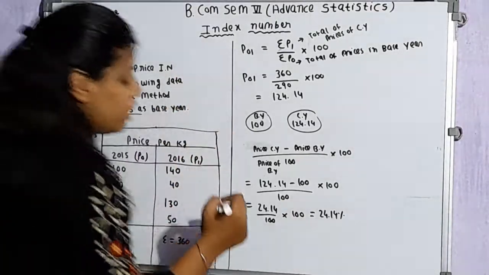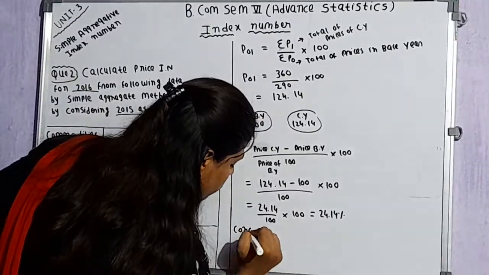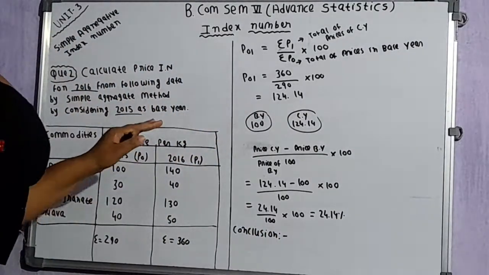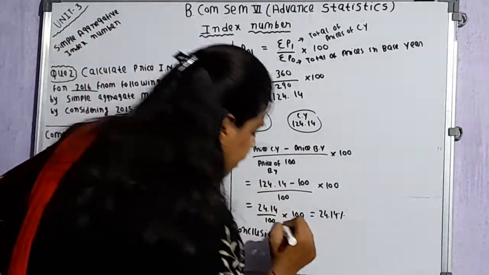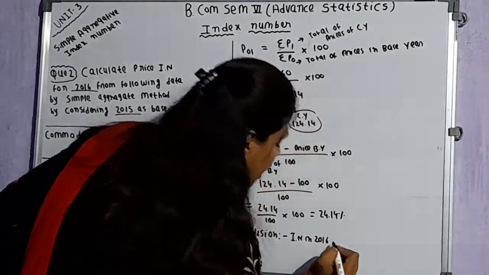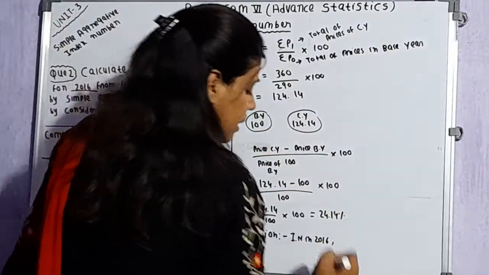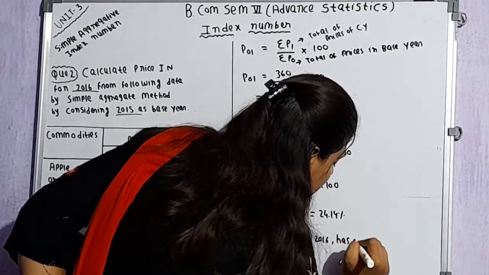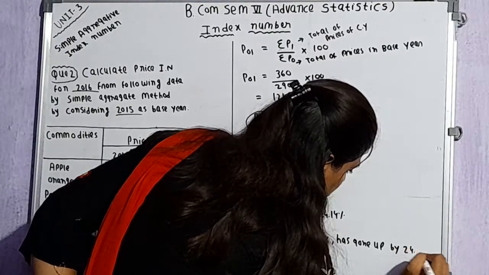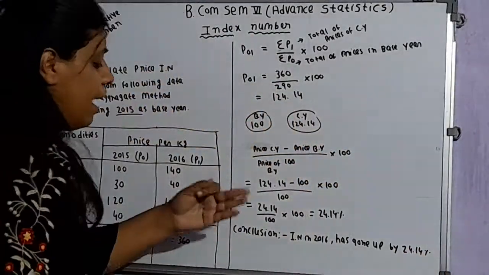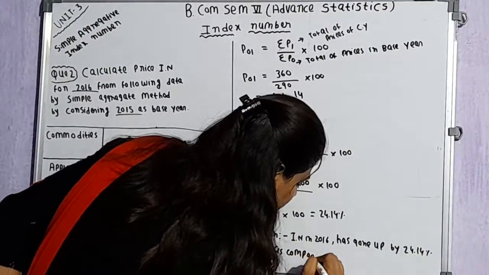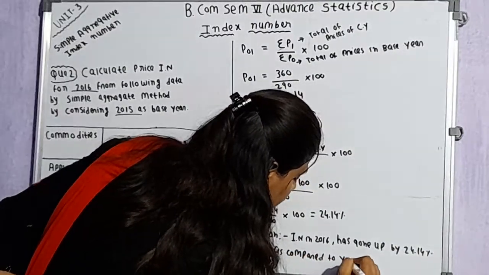So the conclusion is that the index number in year 2016 has gone up by 24.14% as compared to year 2015.